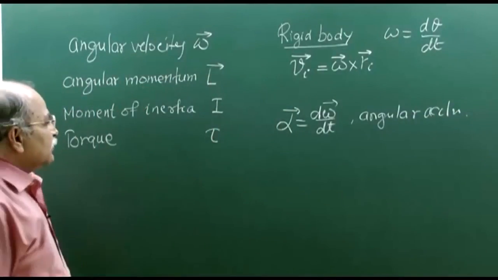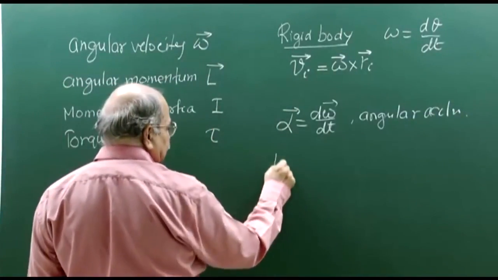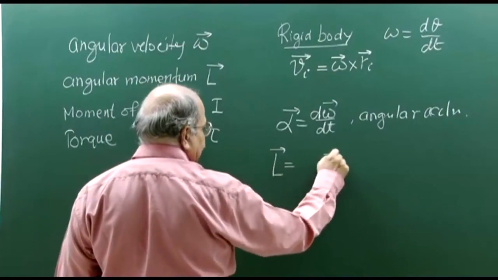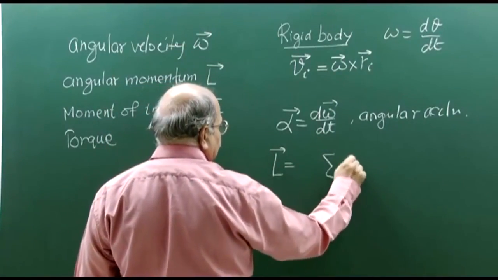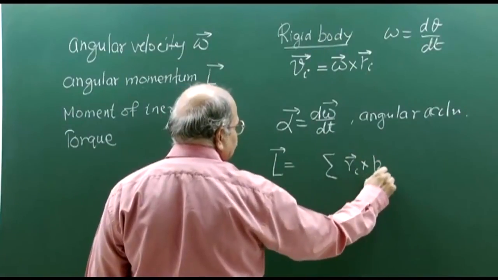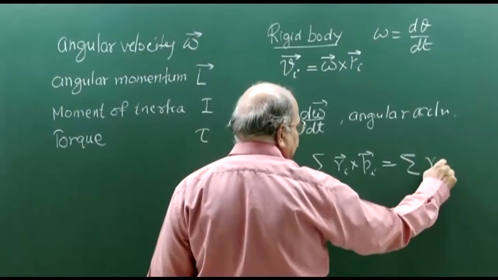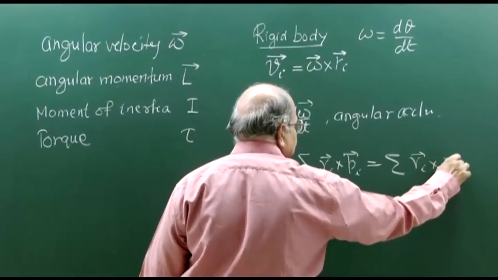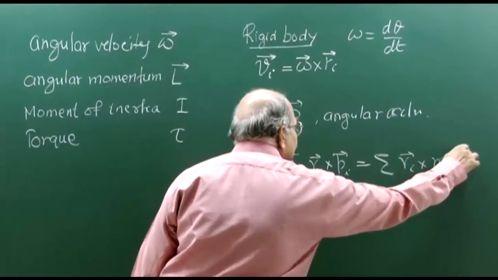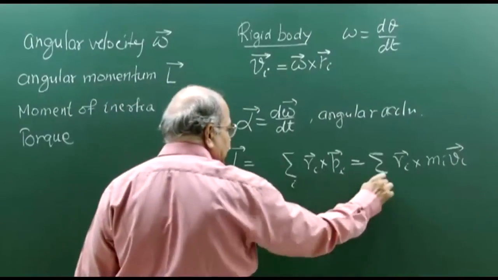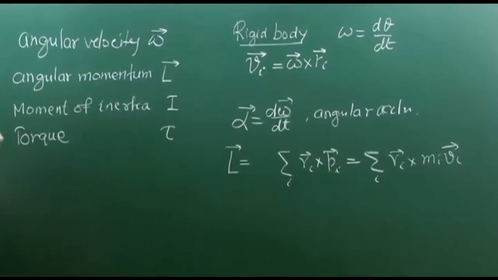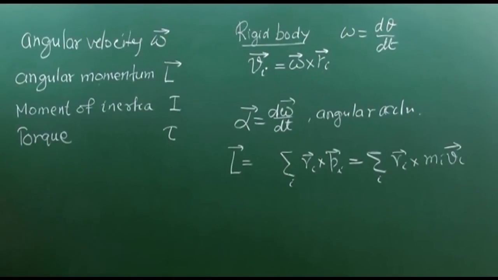Then angular momentum L. For a particle, it is Ri cross Pi, which is Ri cross MiVi, and summation over all the particles. So, that is the angular momentum of the thing.